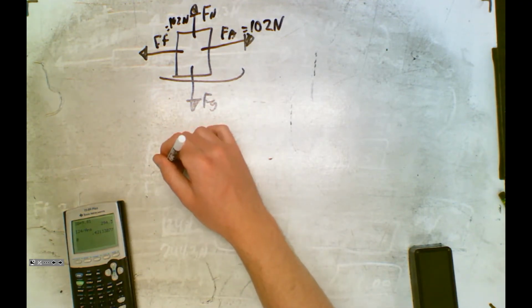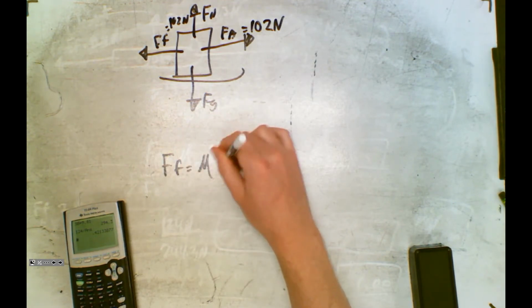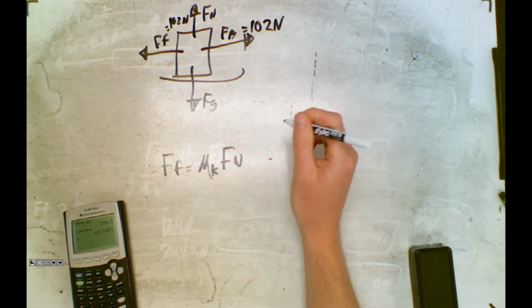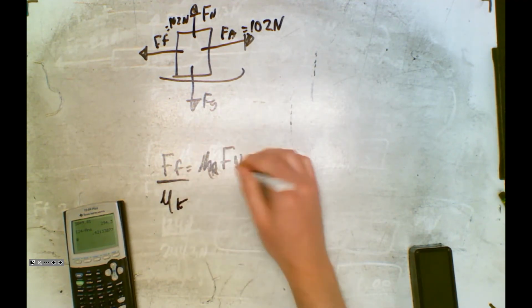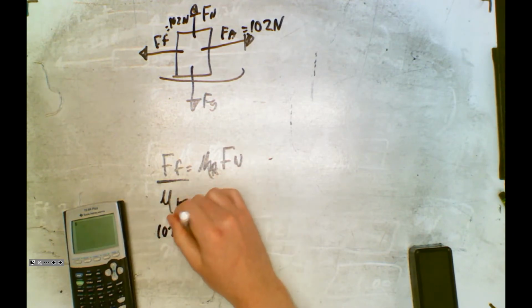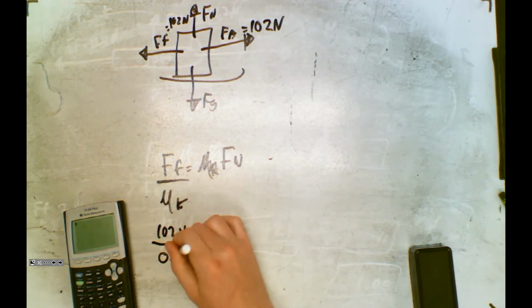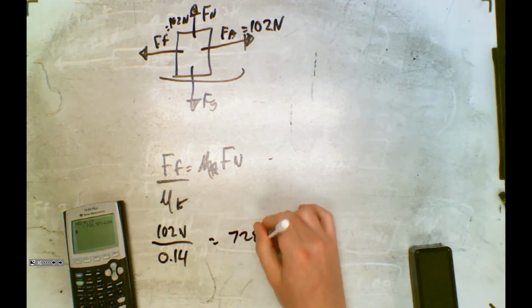So we can go force of friction equals mu Fn, and this is kinetic, and we can find out our force normal. So if we just go 102 newtons divided by 0.14, which was given to us in the question, we end up getting 728.57.